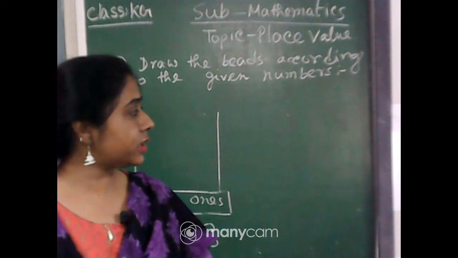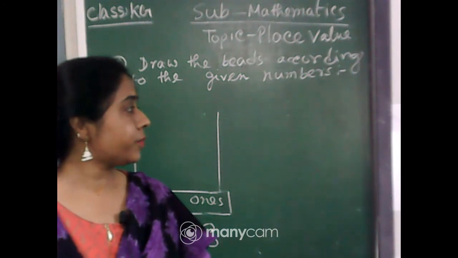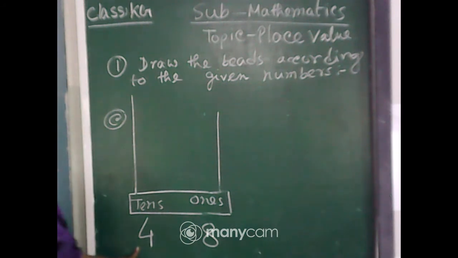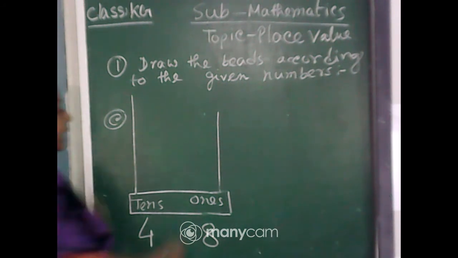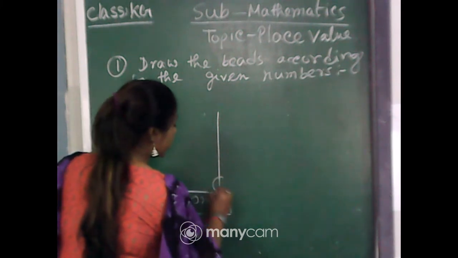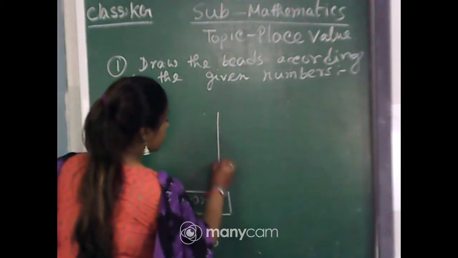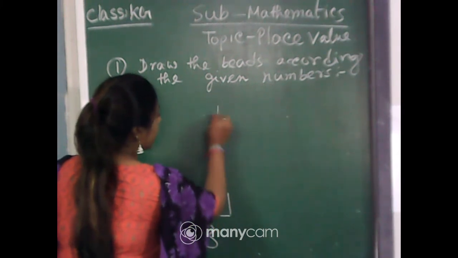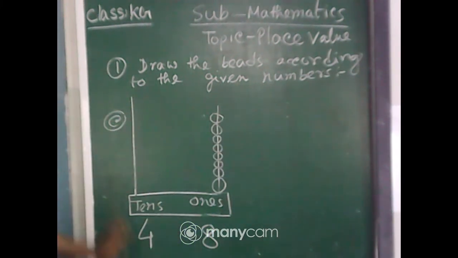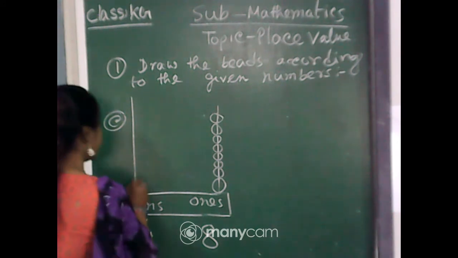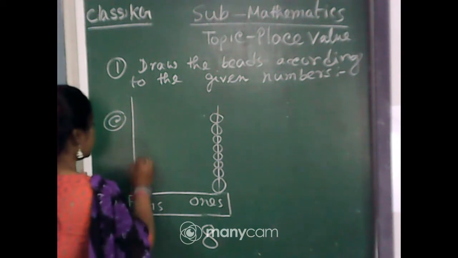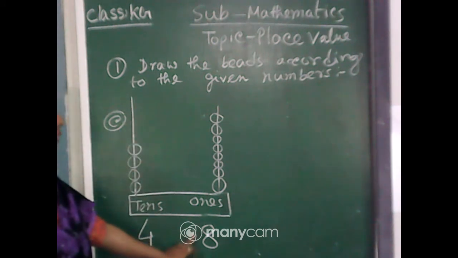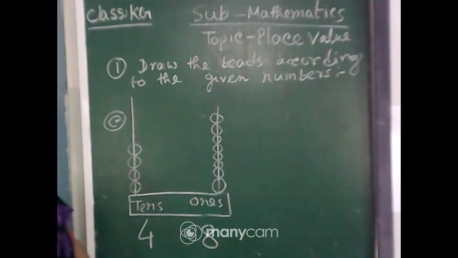Oshmita has written the correct answer. Tathagata, very good. Swayam Prabhu has also given the correct answer. That means 4 tens, 8 ones. 8 ones means 8 beads we will draw here: 1, 2, 3, 4, 5, 6, 7, 8. And 4 tens means 4 beads in the tens column: 1, 2, 3, 4. That means 4 tens, 8 ones.